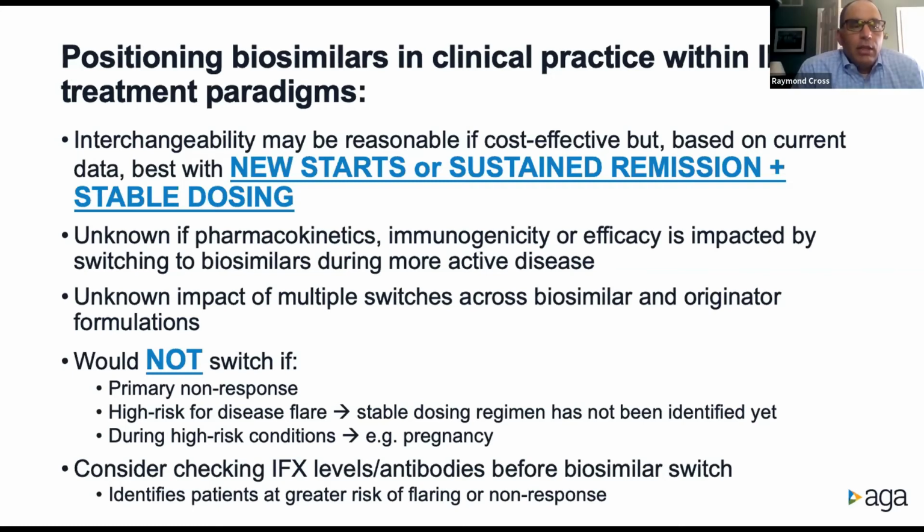I might change that third bullet point and say that we have safety data on multiple switches in psoriasis, but not IBD, because that's framed a little bit more positively. The other thing I might say is we're doing treat to target.